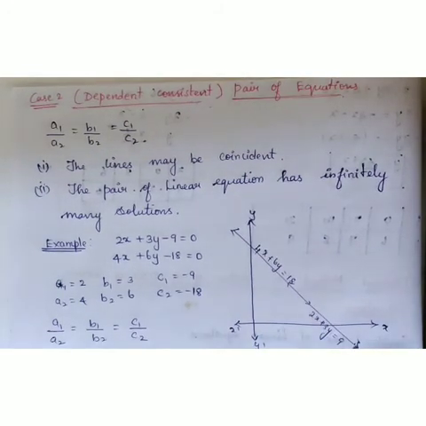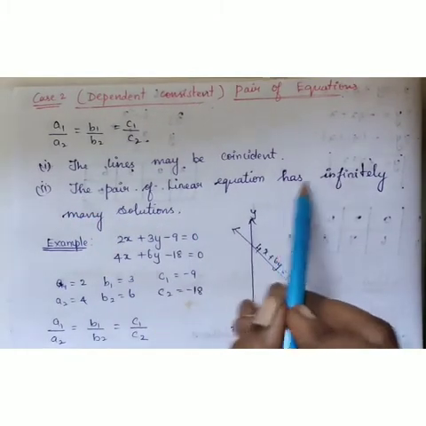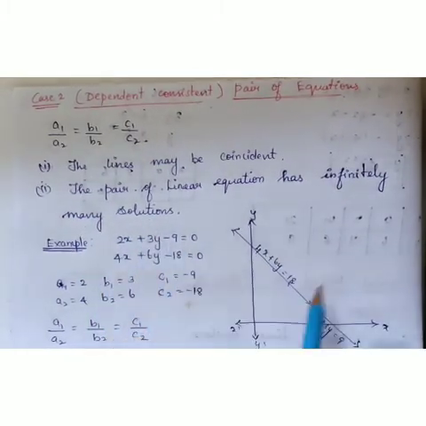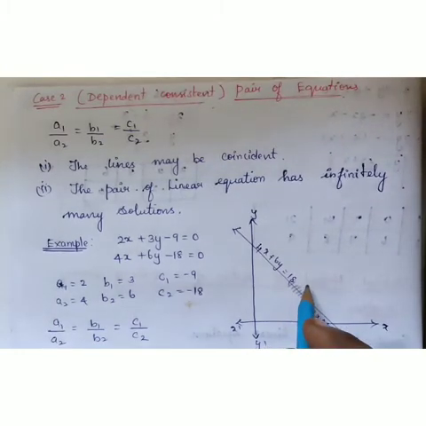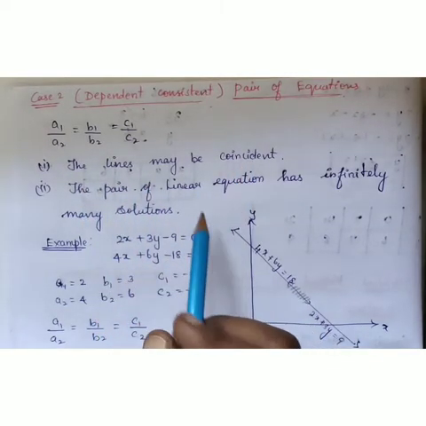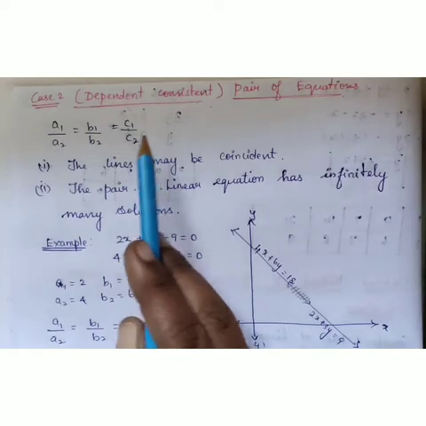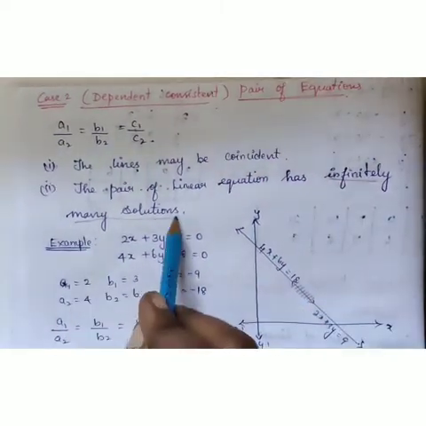This line will coincide with the other line. The pair of linear equations has infinitely many solutions, where the full line is overlapping. So each and every value of x and y on it is a solution of the given equations. Therefore, in the dependent consistent case, it has infinitely many solutions.